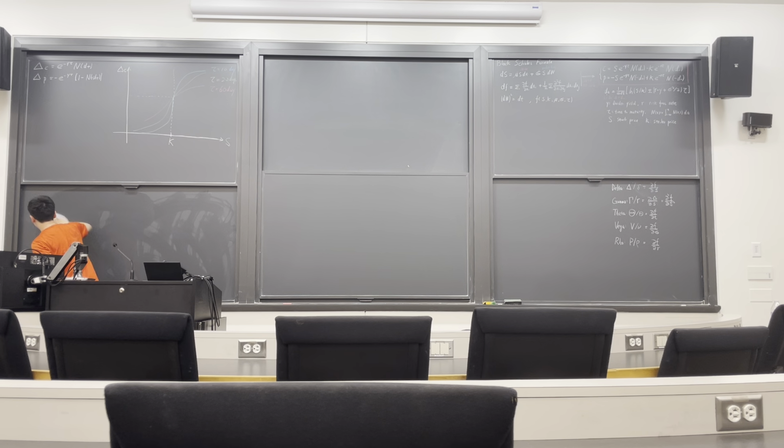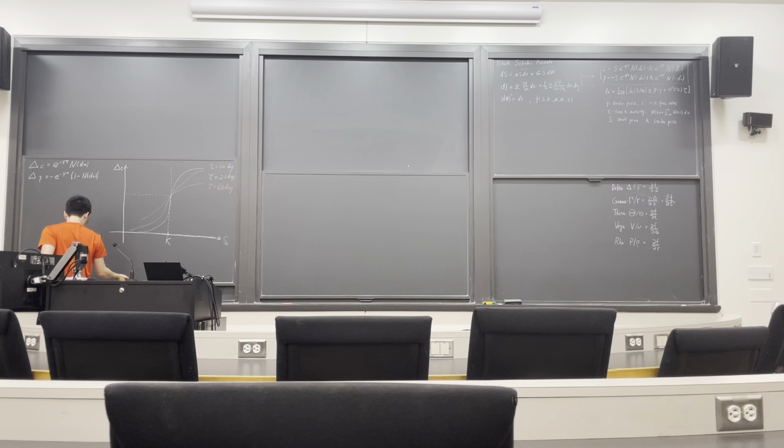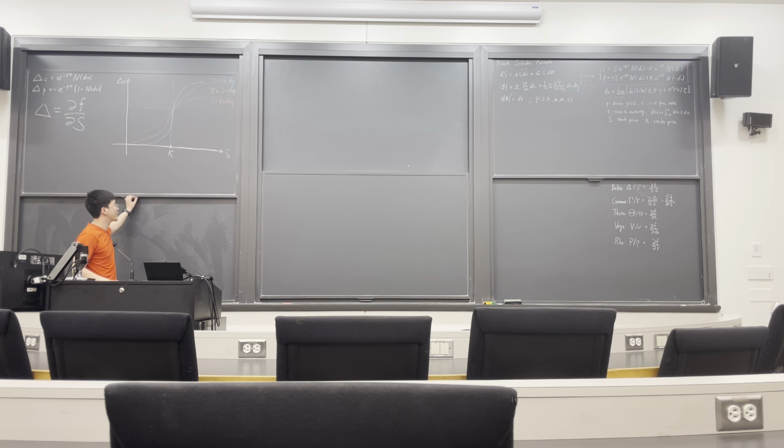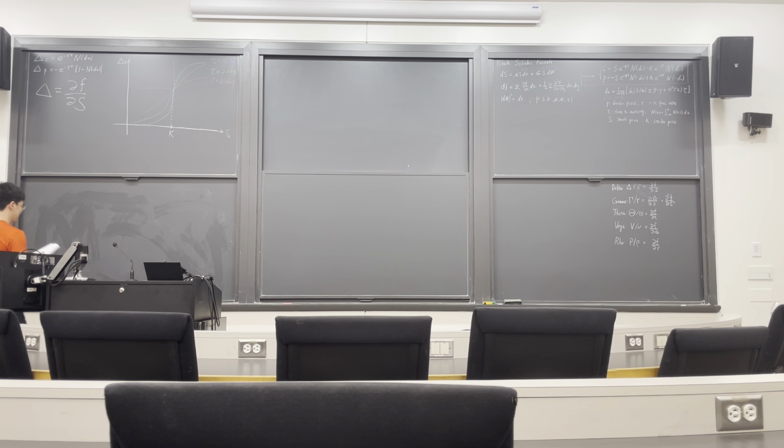Right, so here's a very brief look at the delta. Just to keep in mind, it's a good idea to say delta equals df/ds. Making it incredibly big because we have space.